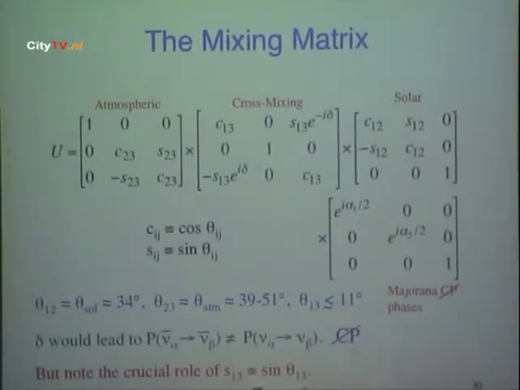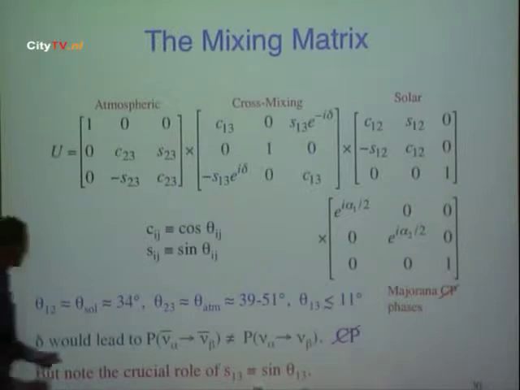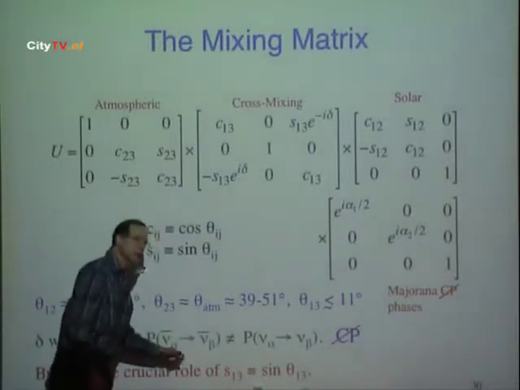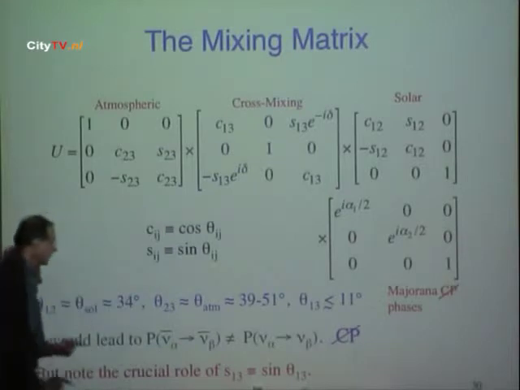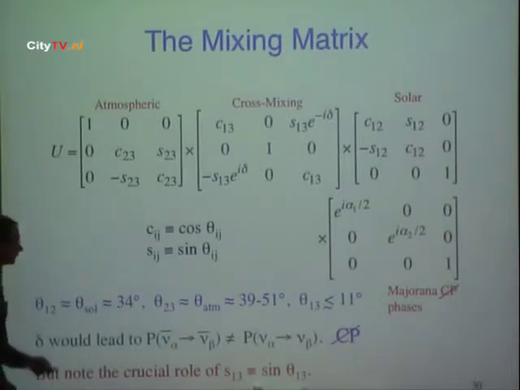Notice, however, that delta enters into the mixing matrix, and hence enters into physics, only in combination with the sign of theta 1,3. Consequently, the size of any such CP violation is going to depend, among other things, on the sign of theta 1,3.